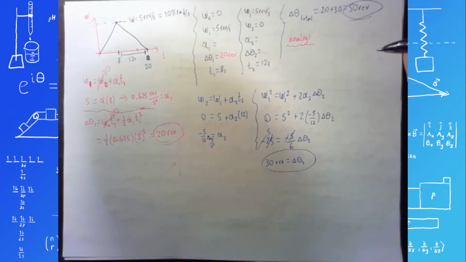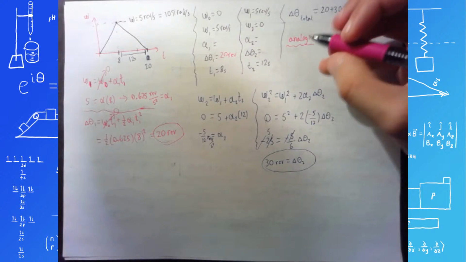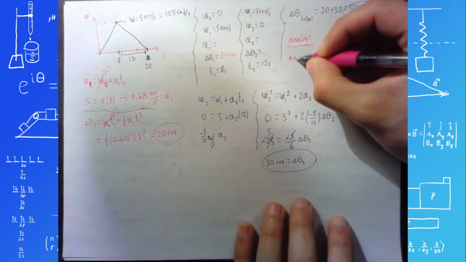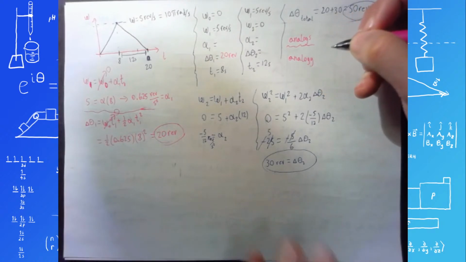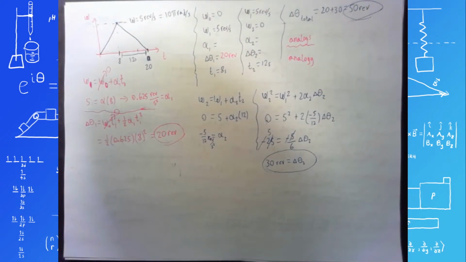Things that parallel each other, kind of like how an analogy tries to explain one thing by comparing it to another thing and using whatever logic applies to that other thing to help understand the first thing.